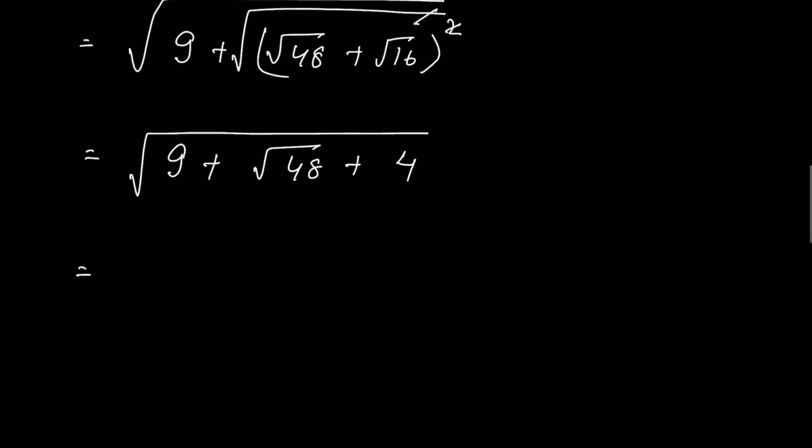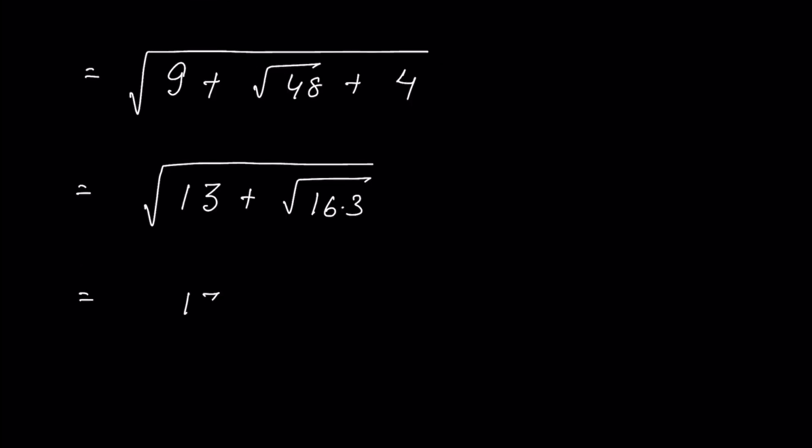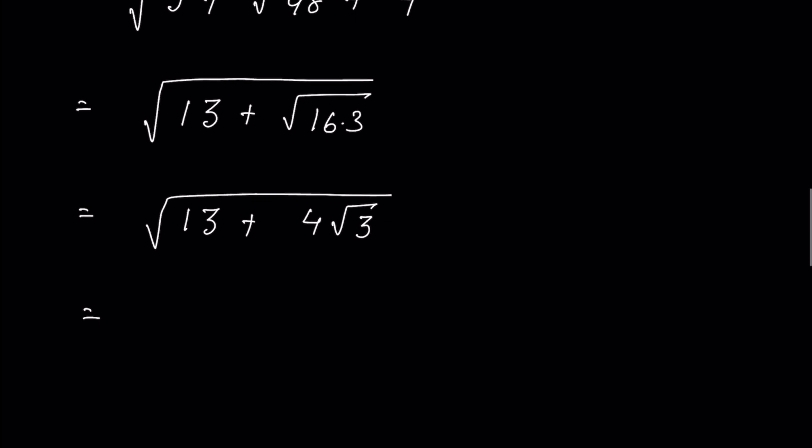Now 9 plus 4 is 13 plus square root of 48 is 16 times 3 under square root, or 13 plus 4 times 3 under square root, then all under square root, or 13 plus, this we can write 2 times square root of 3 under square root.